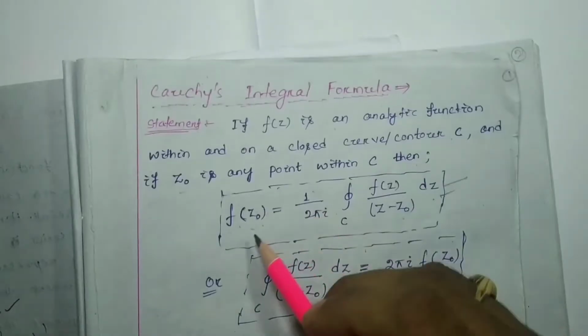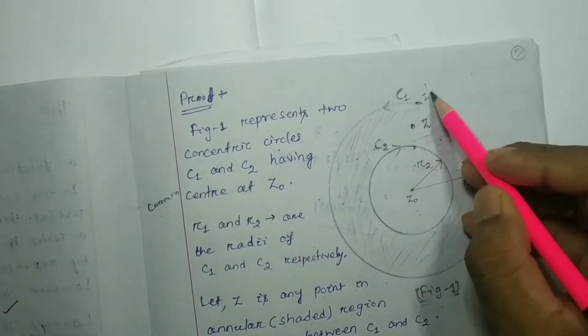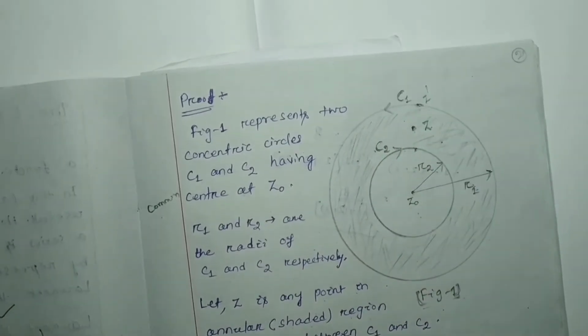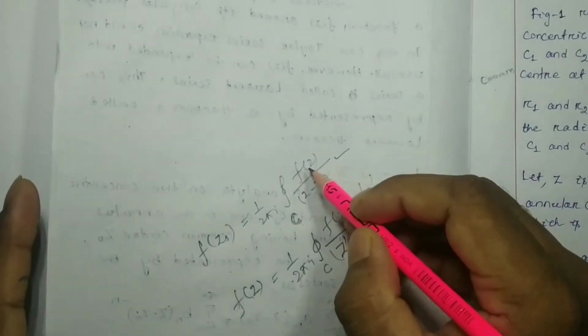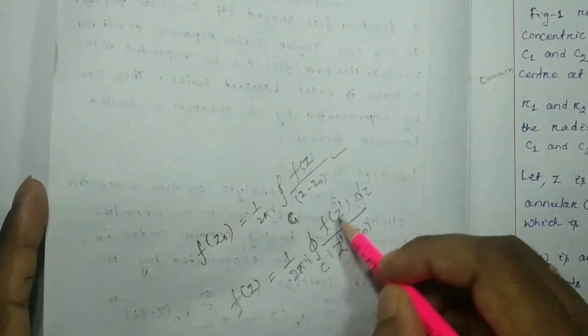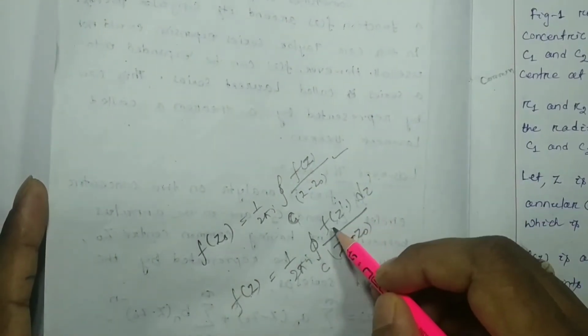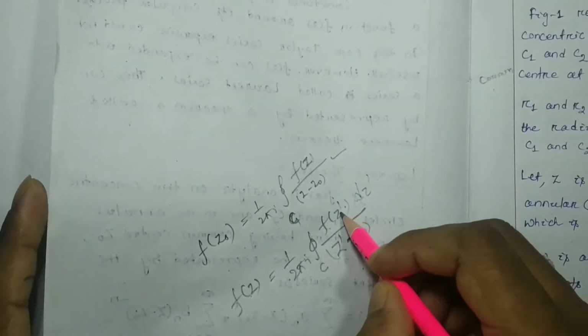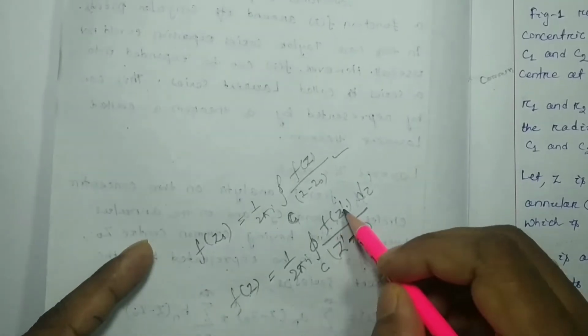Likewise, as z' is the point on the circumference of C1, instead of f(z) we can write f(z'). That means the function f is a function of z'.